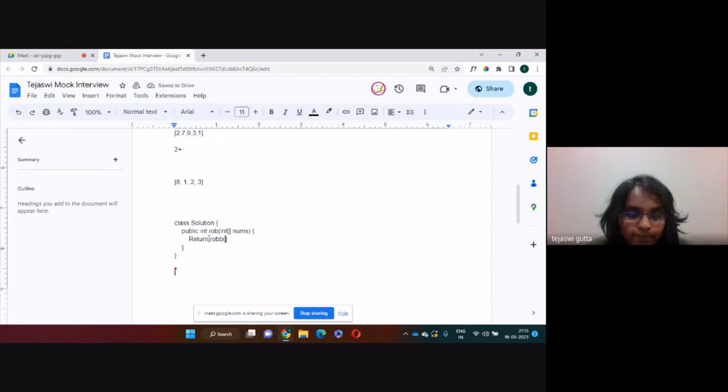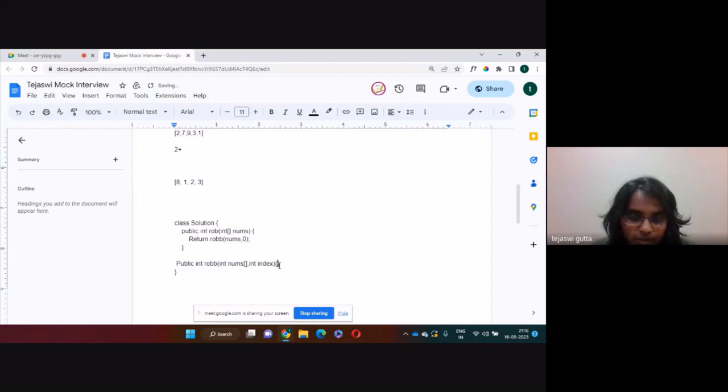Helper function with nums and then 0, 0 being the current index. We can drop int index.